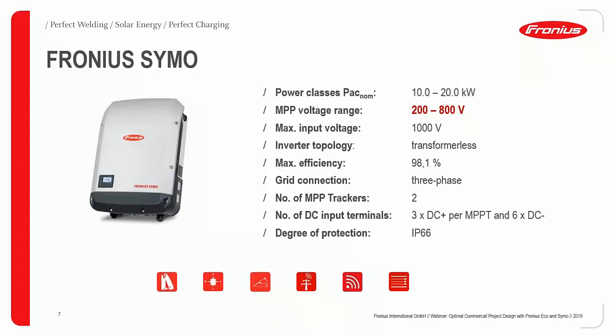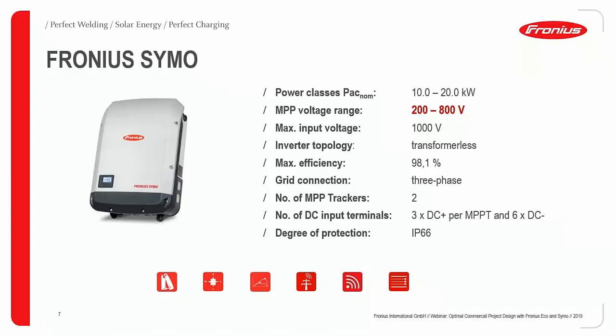Then Fronius Symo. Symo means symmetrical feed-in. The Symo power range is from 10 to 20 kilowatt, mainly used for commercial projects. For this inverter, we have a very wide MPP voltage range. Here you can see from 200 volt to 800 volt.